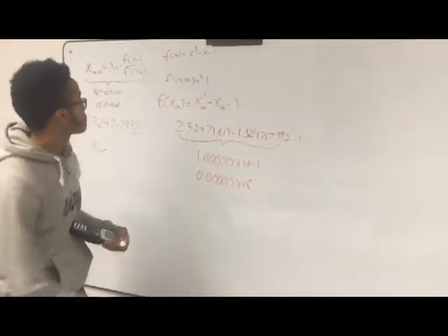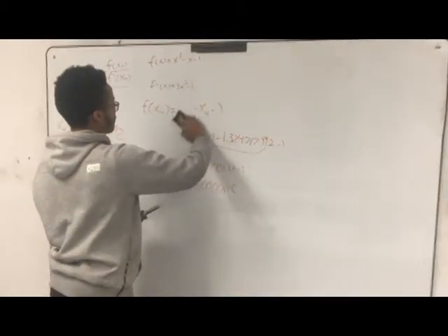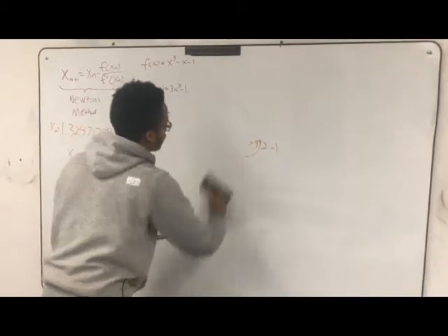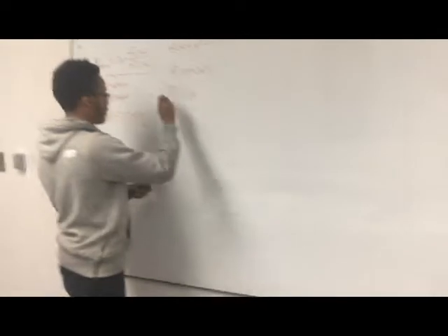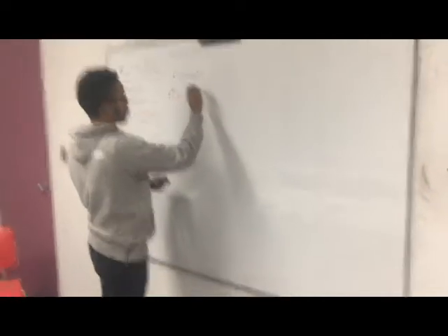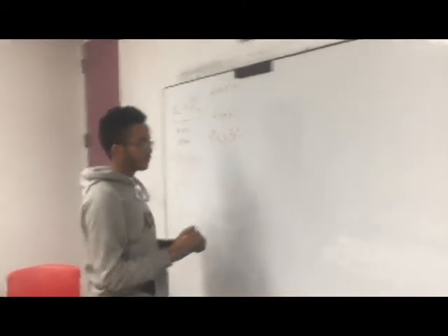Now, plug in the same thing for our f prime of that. We have 3x squared minus 1.